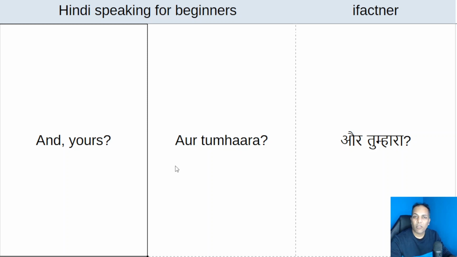You can ask आपका, or if that person is friendlier or younger than you, then you can ask तुम्हारा. तुम्हारा, if you are friendly to that person. And if you want to show some respect, then you will say आपका.